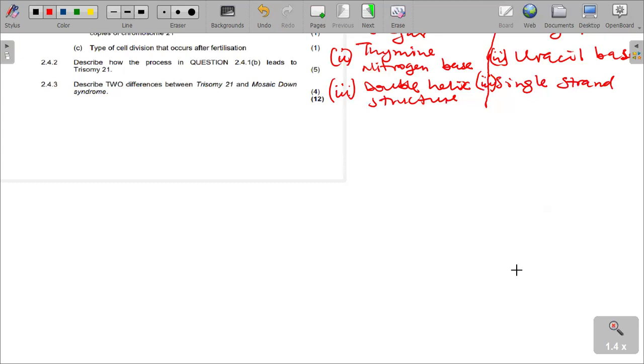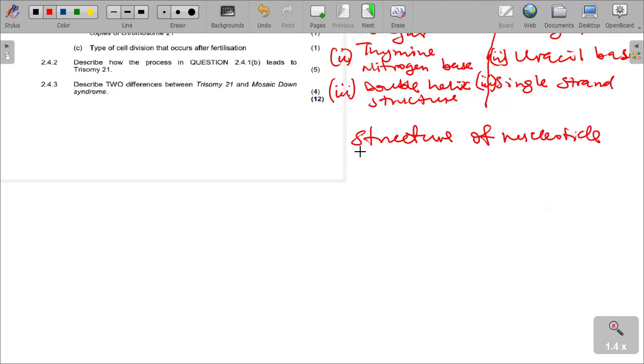We should make sure we don't mix them up. I just want to add some content on the structure of nucleotides.